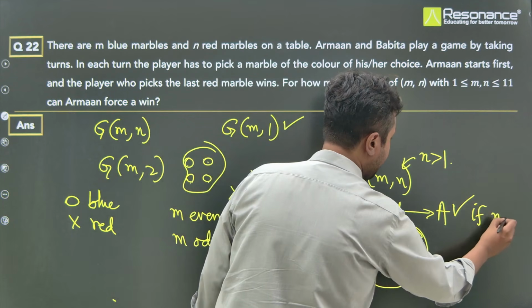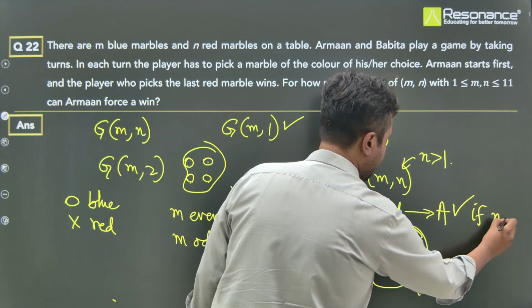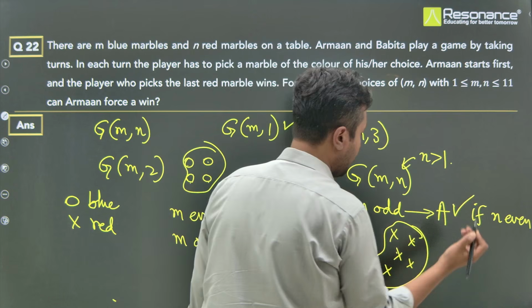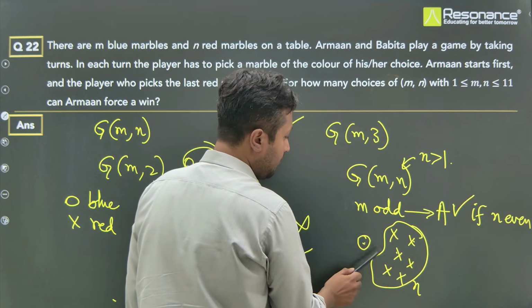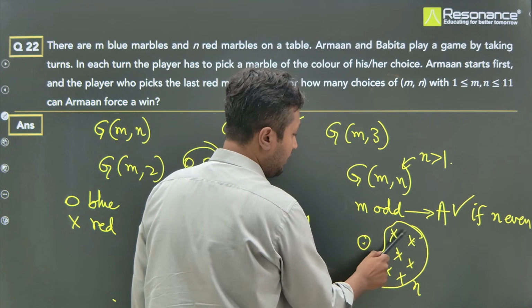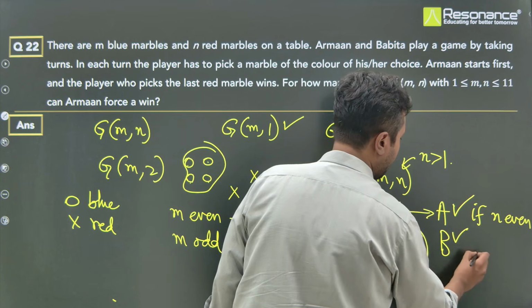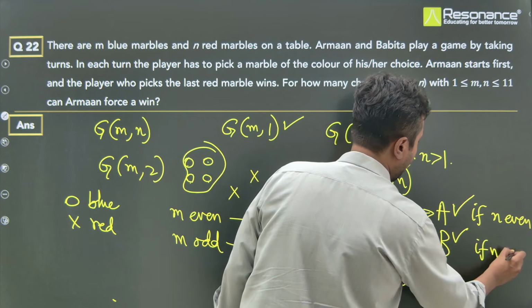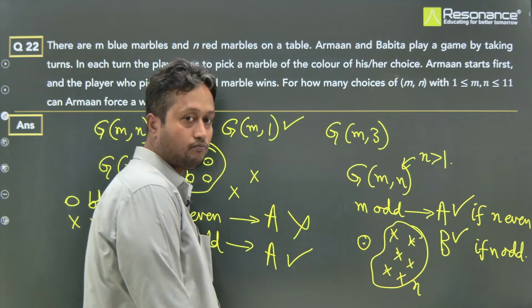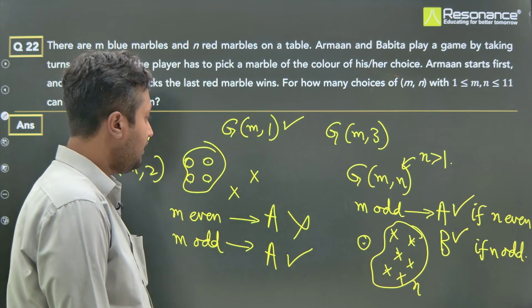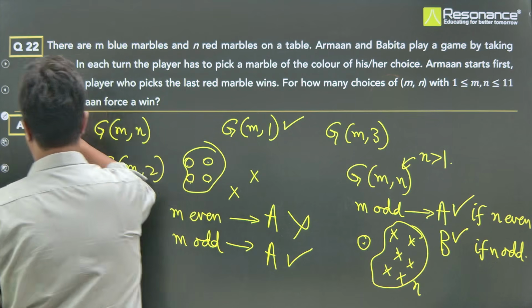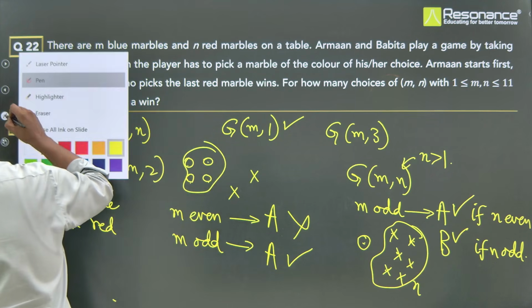So if N is even, then Arman wins. Think about that. A, B, A, B, A, B, A. So A wins, and B wins if N is odd. Right? And there's a similar story. Maybe I'll just write it over here.